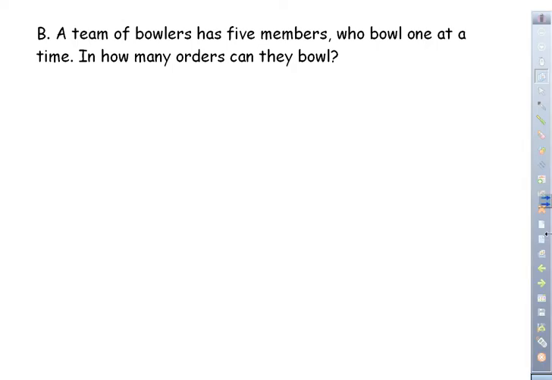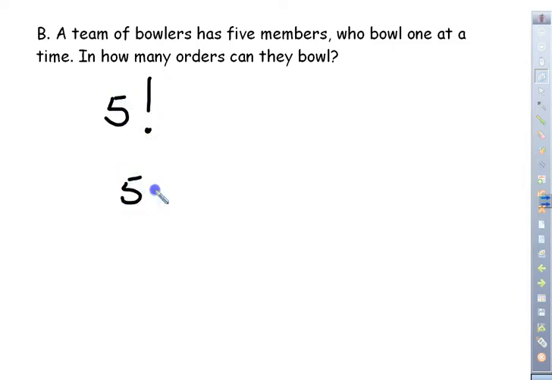Now, let's read through this one. It says a team of bowlers has 5 players who bowl one at a time. In how many ways can they bowl? This one isn't any different. I apologize, it's very similar to that. So go ahead and solve this and hit pause. If you have 5 members of a bowling team, how many orders can they bowl? It is going to be 5 factorial.